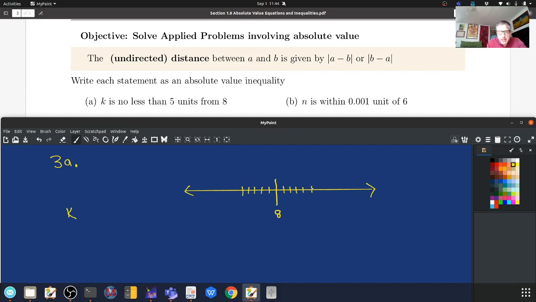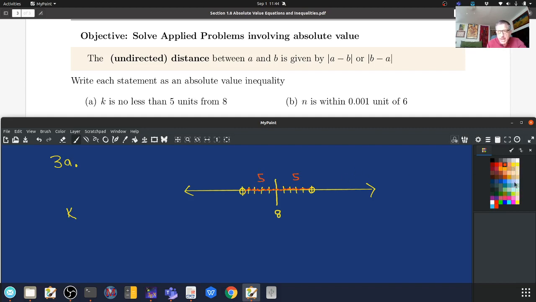So that this interval here cannot contain k. So this is 5 units. The distance from here to here is 5 units, and the distance from here to here is 5 units. So what does that tell you?